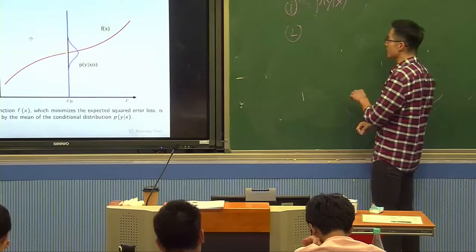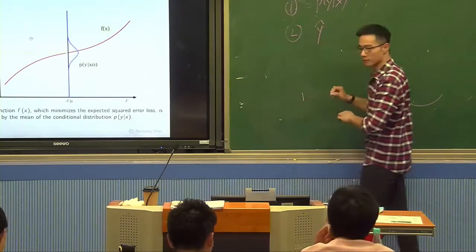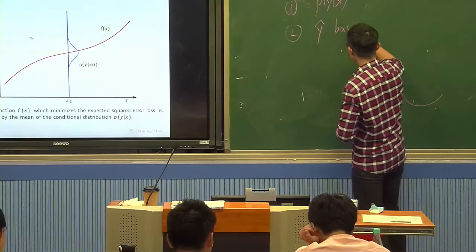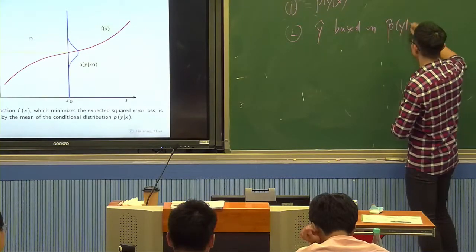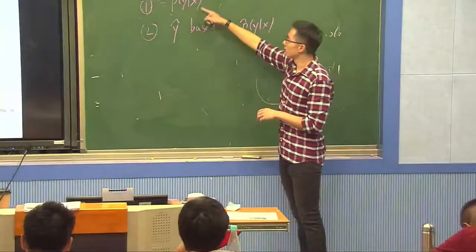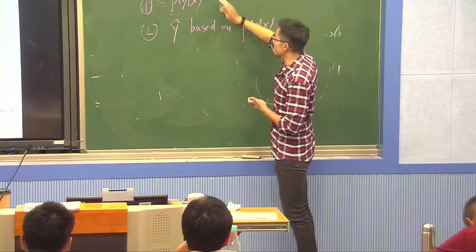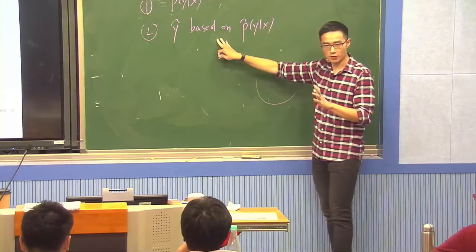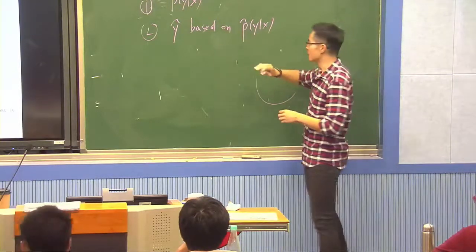The second step is, based on my estimation, I predict y hat based on p hat. Those are two steps, and I use different loss functions. Here I typically use KL or cross-entropy loss. Here I use the loss function that I want. So that's the message here.